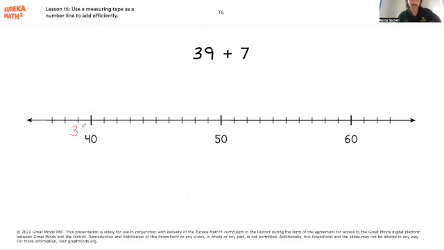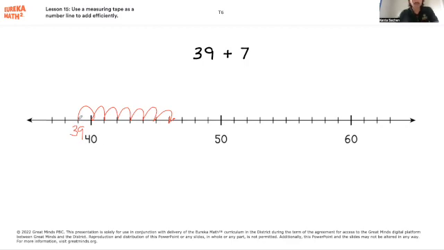This is 39. It's kind of like a ruler, right? And what we can do is count 7 more. And you can even draw 1, 2, 3, 4, 5, 6, 7. That's our answer here.